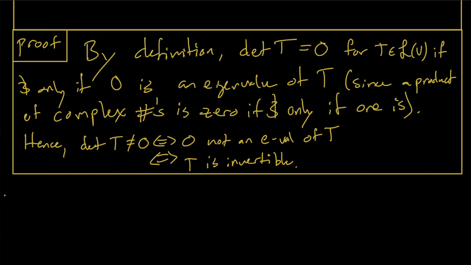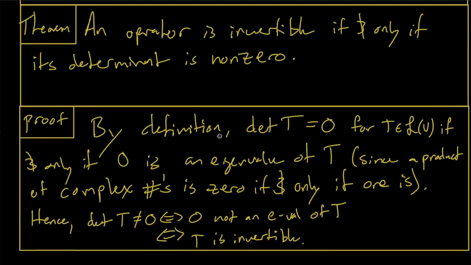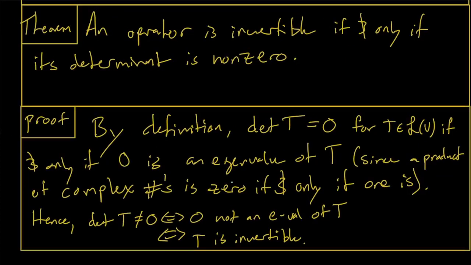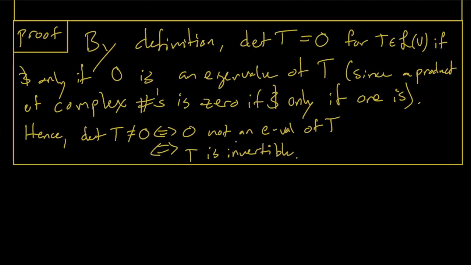So, okay, the determinant measures invertibility. Oh, wait a second. Does this let us determine eigenvalues with the determinant? Does this let us determine the characteristic polynomial and the multiplicities with the determinant? Yes, true. So, theorem, and a good one at that.